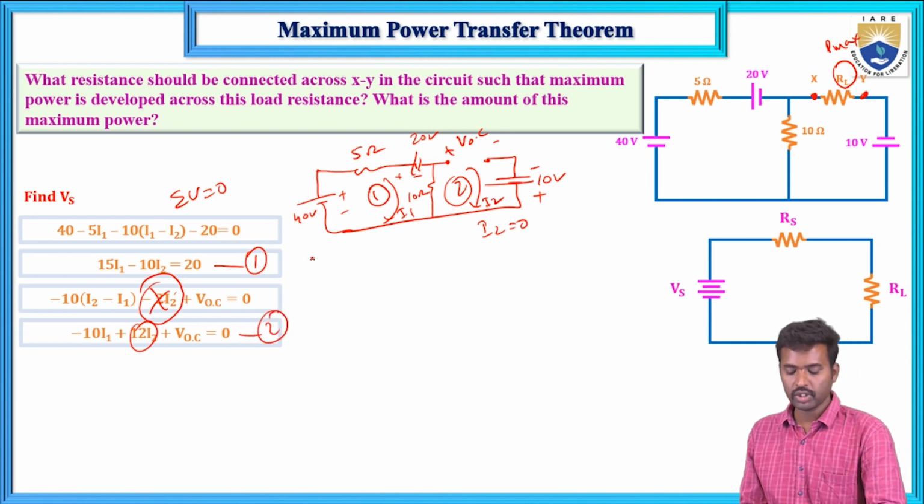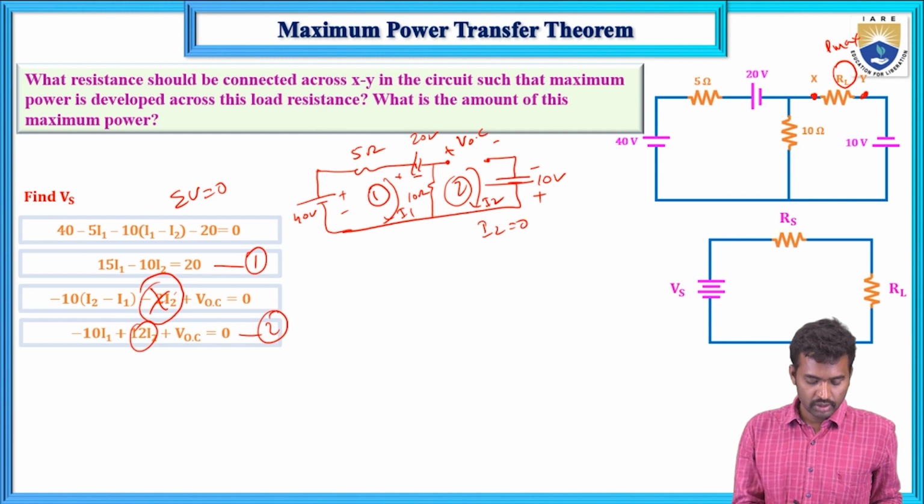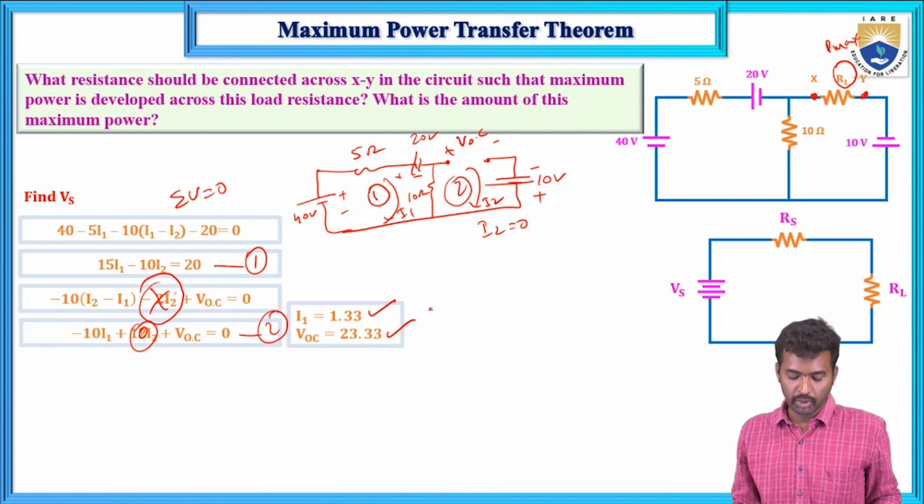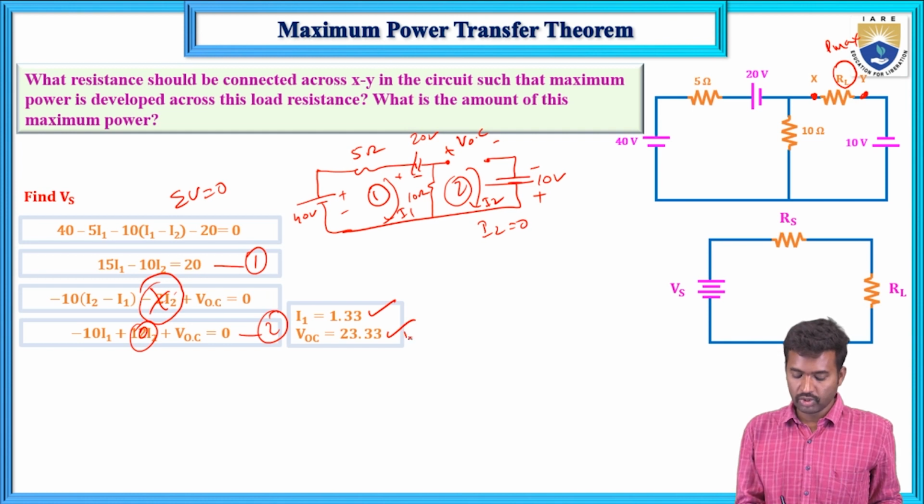If you solve these two equations, I1 equals 1.33 and VOC equals 23.33. This is Vs.